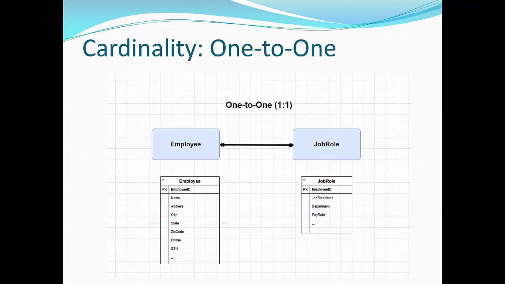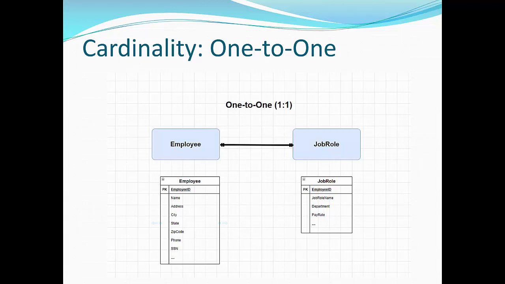So we said that cardinality is the numeric relationship between two relations, and it determines how many occurrences of an entity can be present on either side of the relationship.